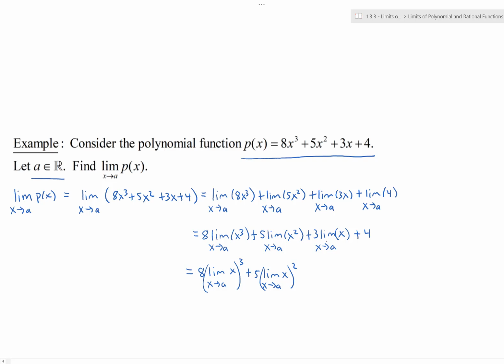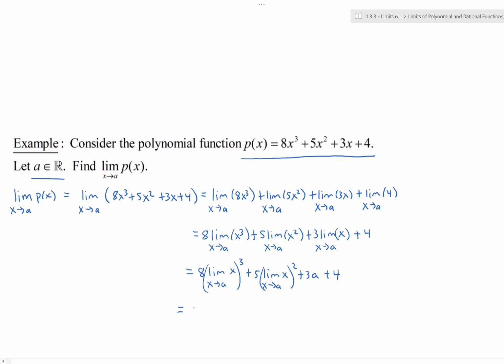And then we just have the limit as x goes to a of x, times 3. Again, y equals x, so the limit is going to exist at any value of x. So that should just be 3 times a, and then plus that 4. And so finally, we evaluate each of those limits as x goes to a of x.